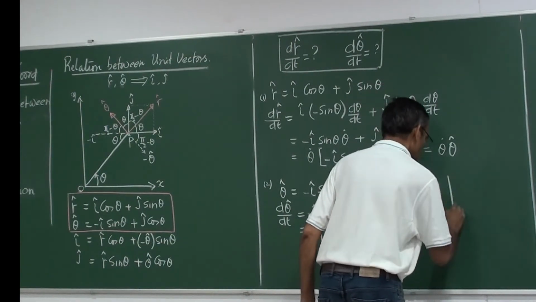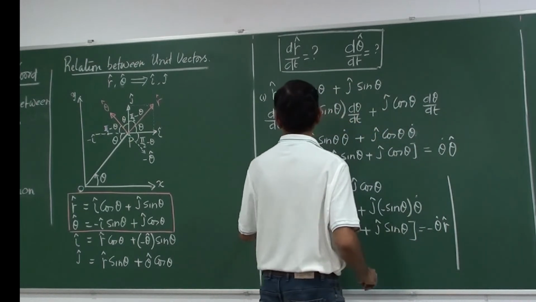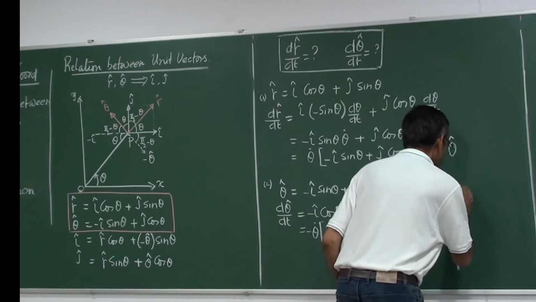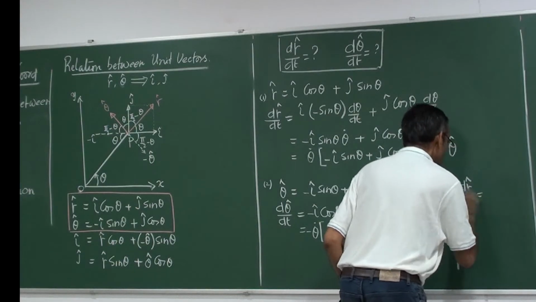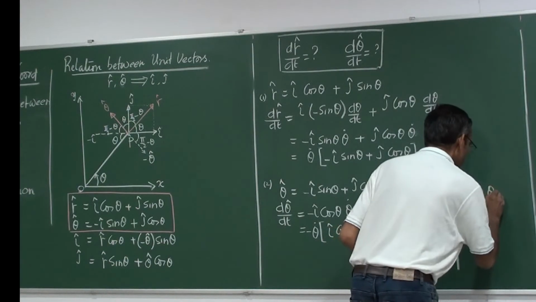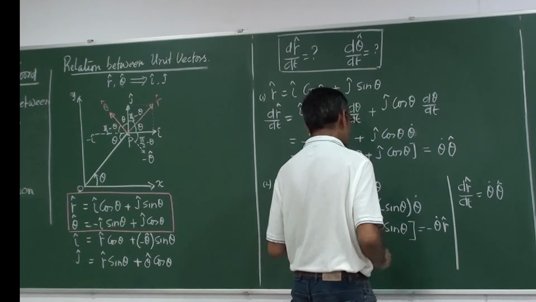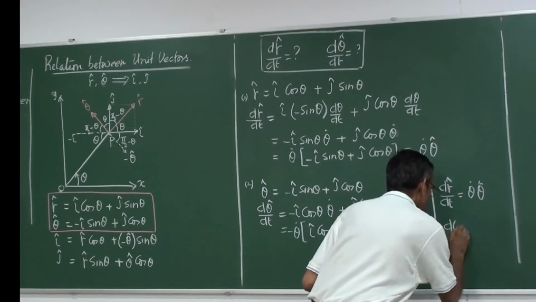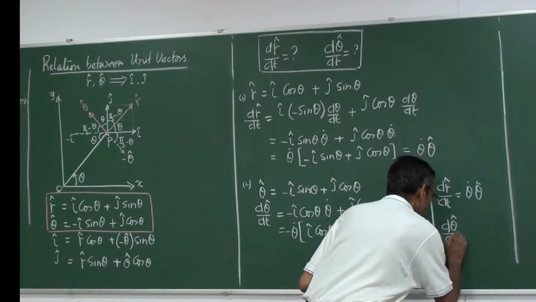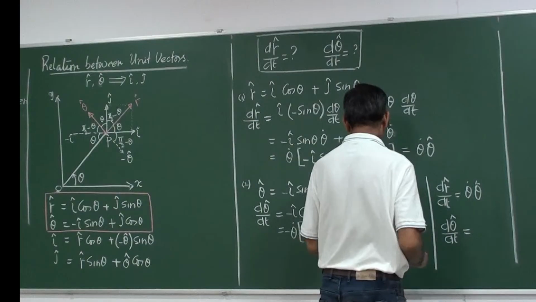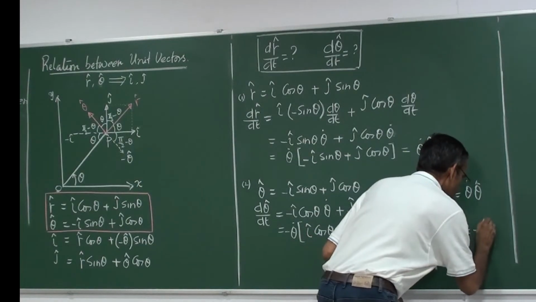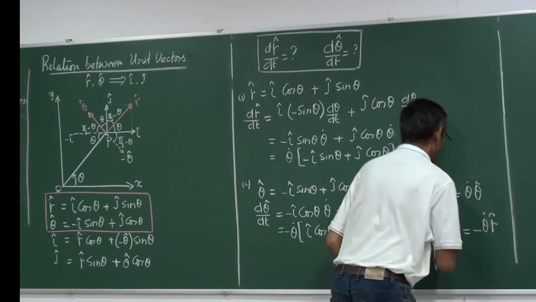Let me write over here. That is your dr cap by dt. dr cap by dt is equal to theta dot theta cap, and d theta cap by dt is equal to minus theta dot r cap.